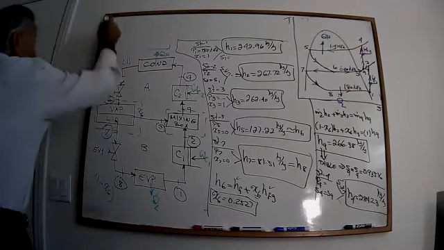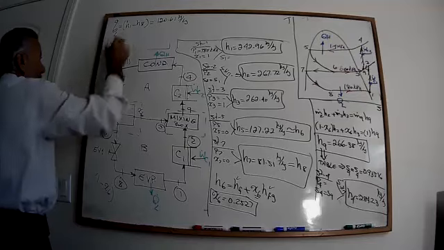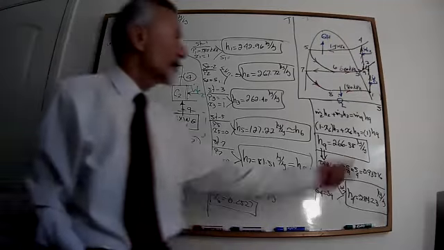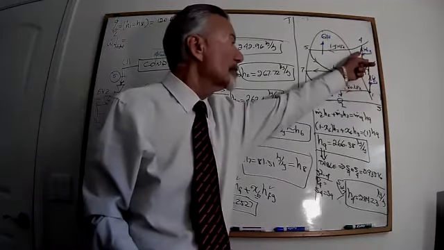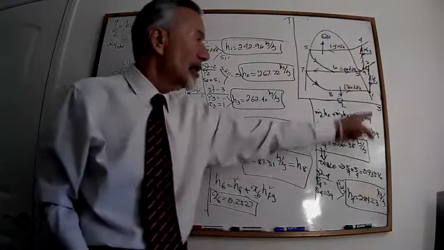My work in total is a work of compressor 1 plus compressor 2. Compressor 1 is H2 minus H1.